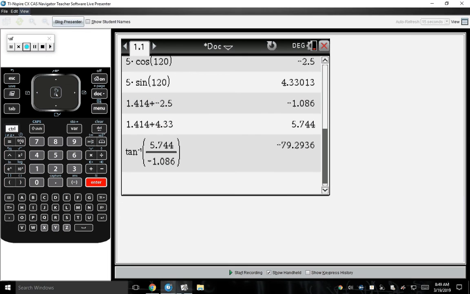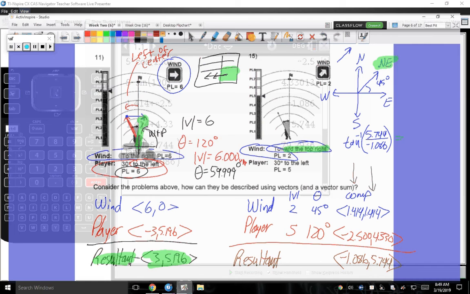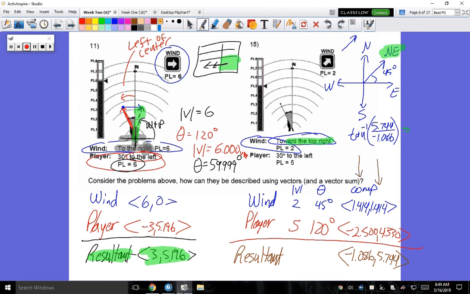The calculator gives me a negative answer, but I always tell you, I want you to look at this as a positive. Instead of memorizing all those rules depending on what quadrant it's in, I want you to look at this as a positive 79.294 degrees. Okay? And then look at the resultant vector. So this resultant vector is saying it's going to have a negative, positive piece to it.